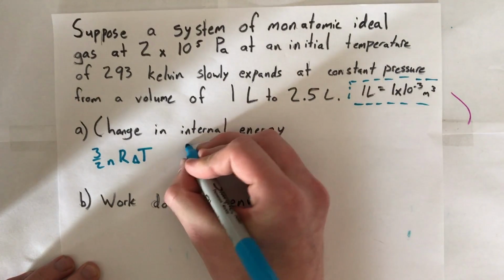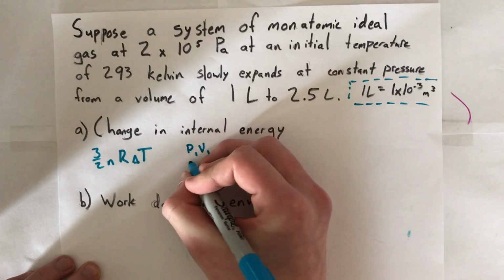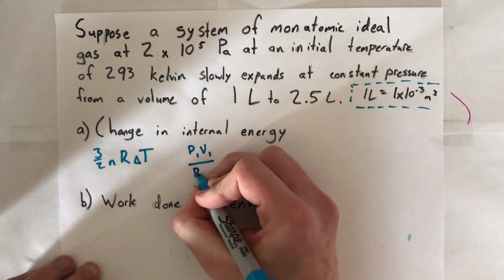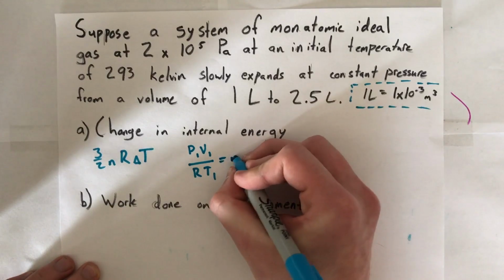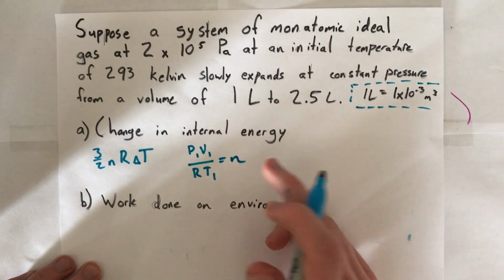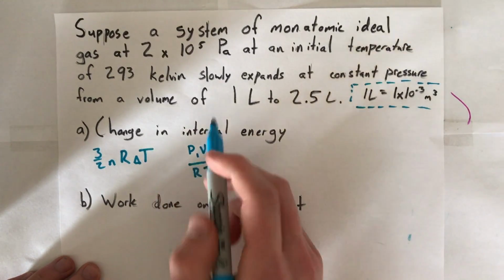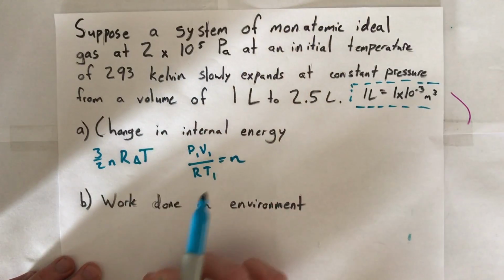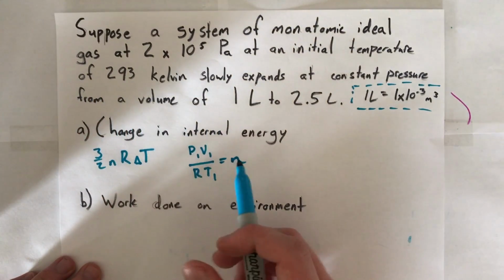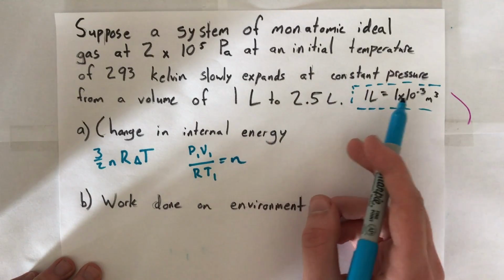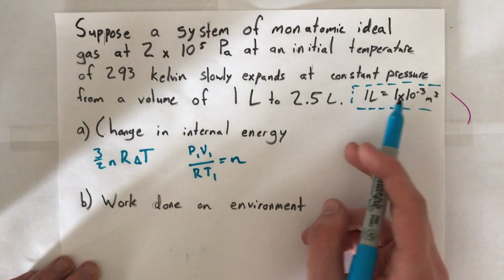So P1 V1 over R T1 equals n. So P1, 2 times 10 to the 5th, T1, 293 Kelvin, V1 will be 1 times 10 to the negative 3rd.